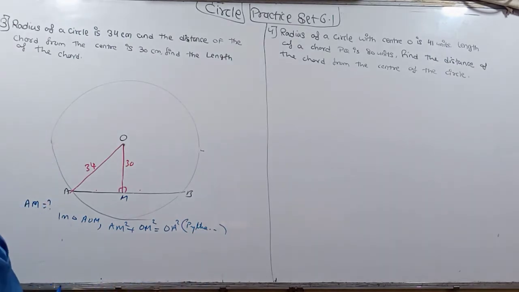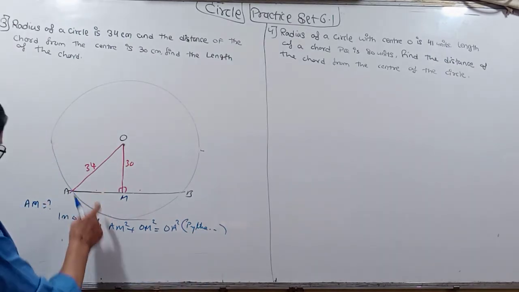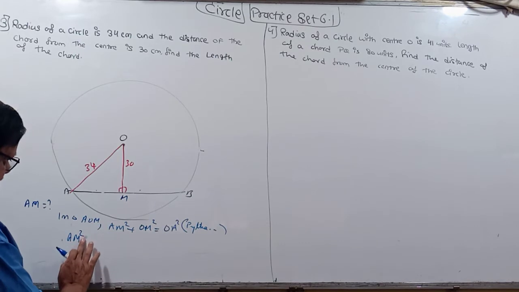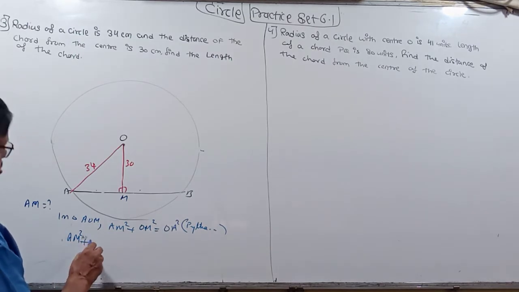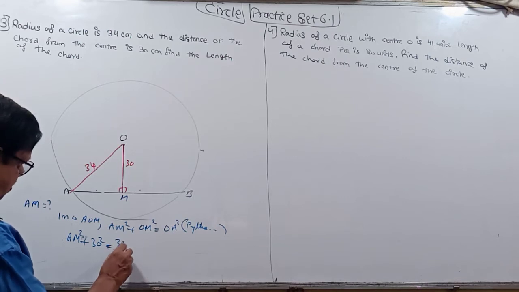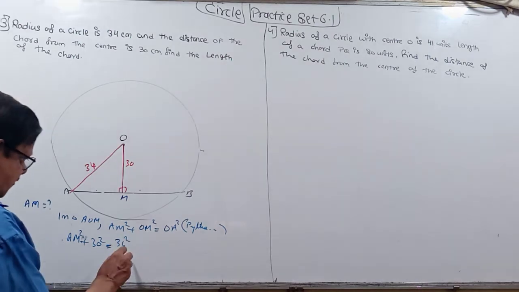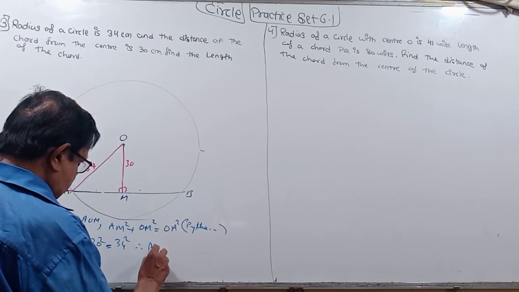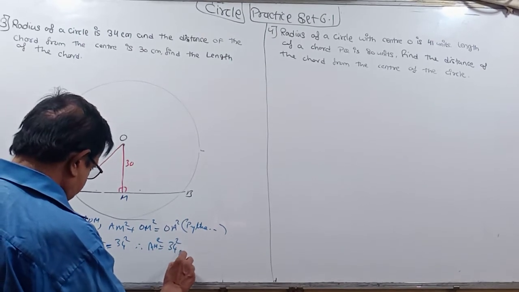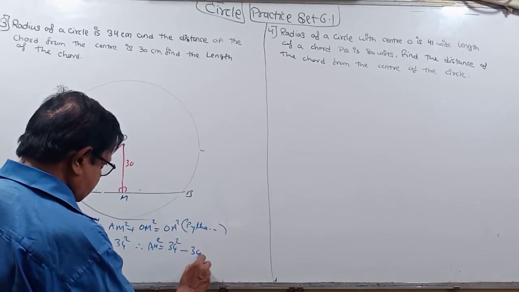We don't know AM square, so we will find it. OM square is 30 square, OA square is 34 square. Therefore, AM square is equal to 34 square minus 30 square.